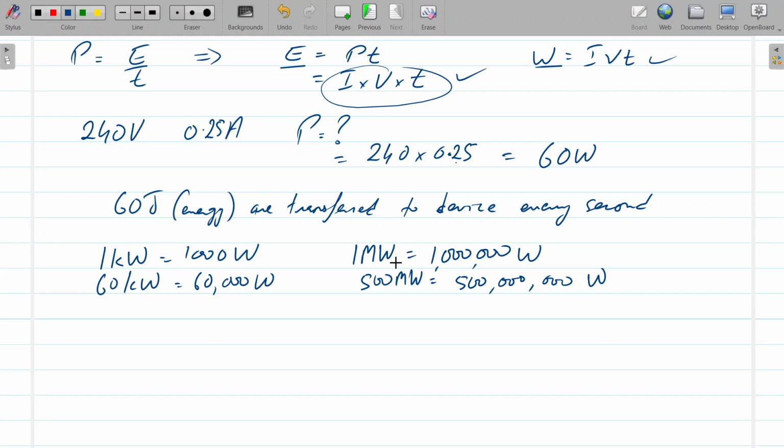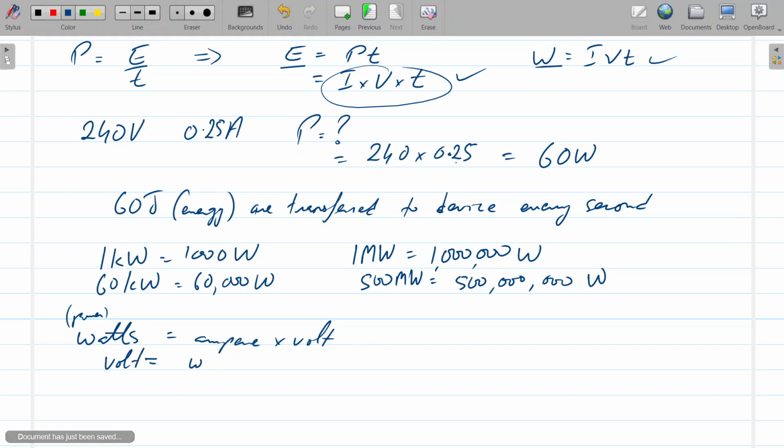Another thing they go on to state is that the watts, which basically means the power, is amperes, which is the current, times the voltage, which is the volts. And so you can rearrange this and say the volt equals watts over amperes.